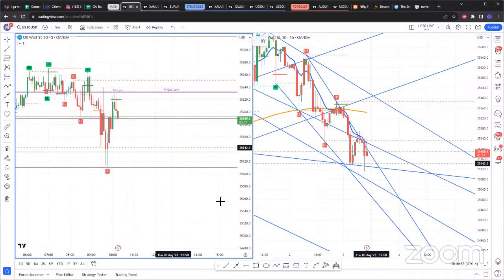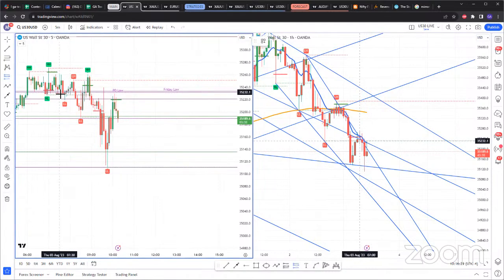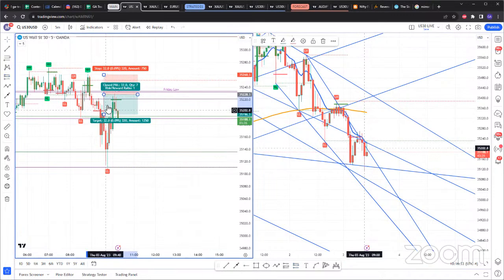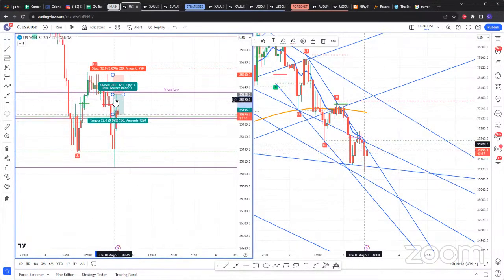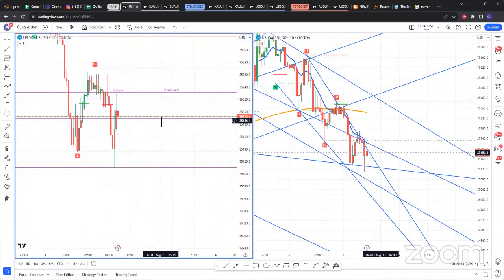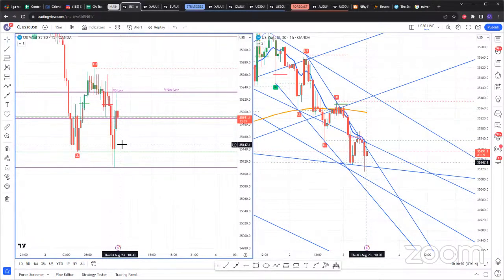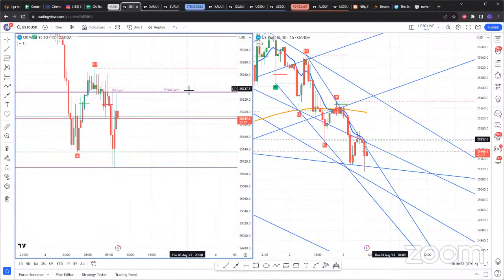So if you're using the 5-minute time frame, you could have entered here and you could have had a nice stop. So it gives you an early entry. So if you knew for sure that the 15-minute candle was going to close below here and price was dipping so far down, you could have found an entry on the 5-minute to ride price down that way if you did not want to wait for price to close so far down.